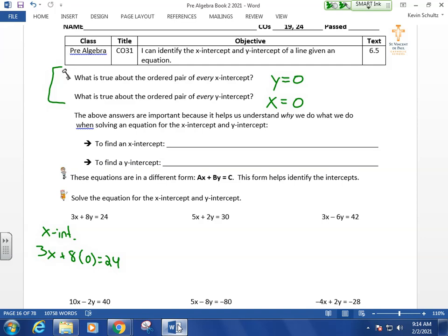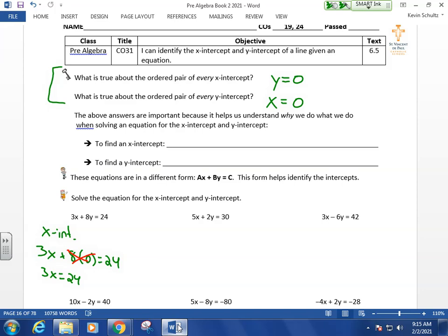And what does that do here with this 8 times 0? Why do we love to multiply by 0 when solving an equation? What's the property of 0? Connor? Anything times 0 is 0. So this essentially cancels out, which is nice, because then all we're left with is 3x equals 24.